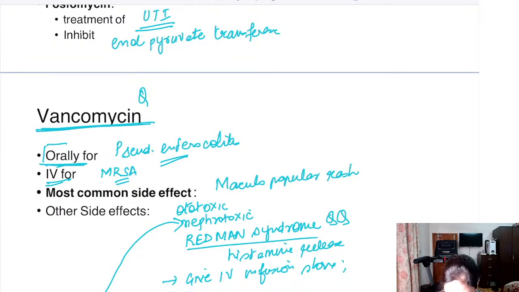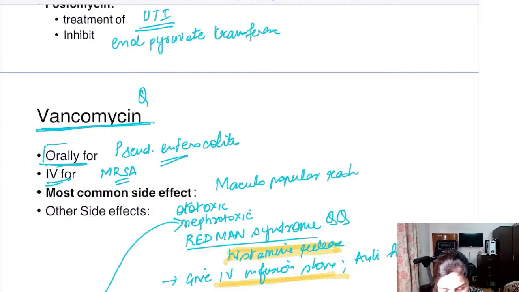The other thing is, you can give some antihistaminic beforehand. So if you give it slow IV or give antihistamine prior, you can prevent this red man syndrome. The important thing is that this is because of the release of histamine, and how to avoid or prevent it.